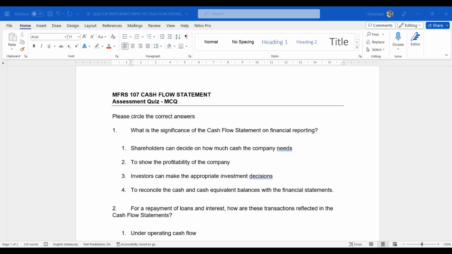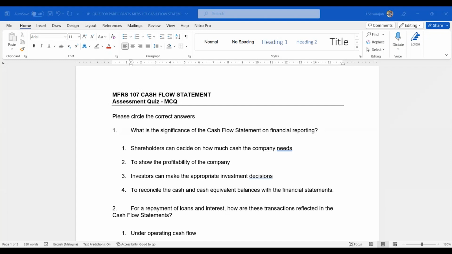The reconciliation is to give investors an opportunity to see. The second answer, to show the profitability of the company, is not really true. Profitability will always default to the profit and loss account. Collecting cash is what the cash flow statement is all about. So number 1, shareholders can decide. Of course, nobody answered that. That's fine. So the correct answer is 3.